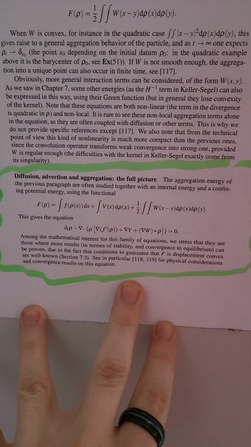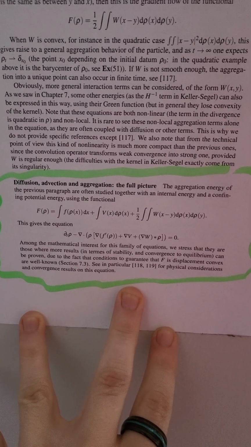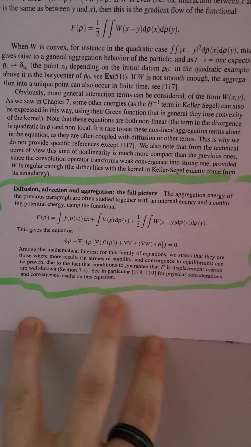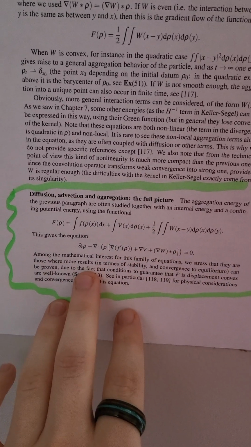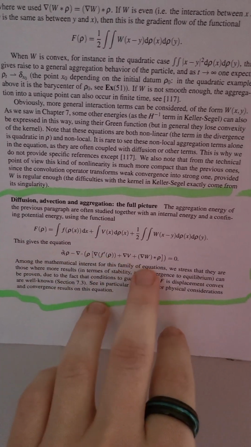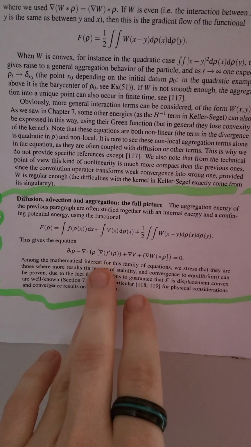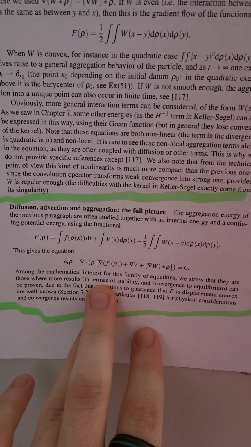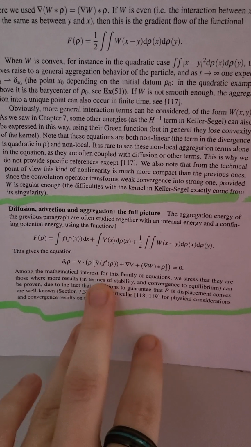The aggregation energy of the previous paragraph is often studied together with an internal energy and a confining potential energy, using the functional as we've just described, okay? And then this gives the following equation. And this is a family of differential equations, and they're very important in fluid dynamics. I mean, very, very fundamental, actually, in fluid dynamics.